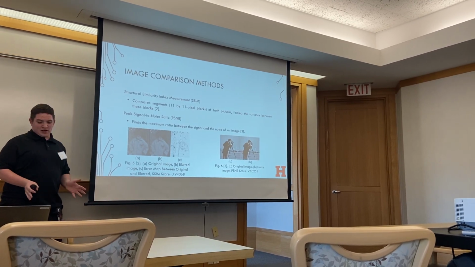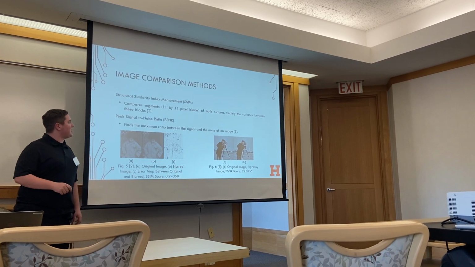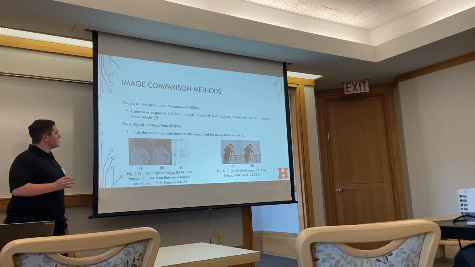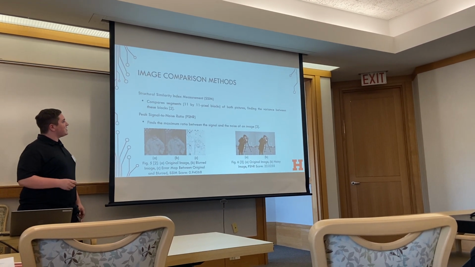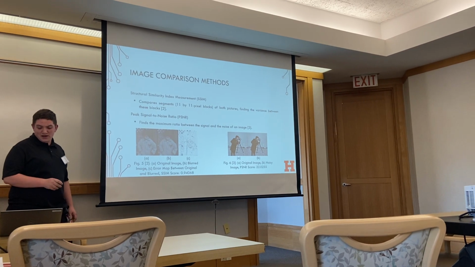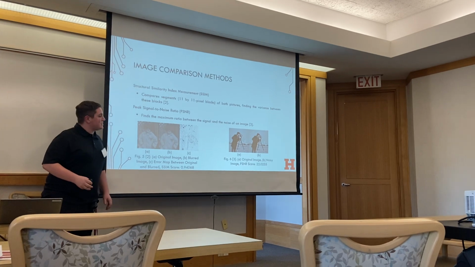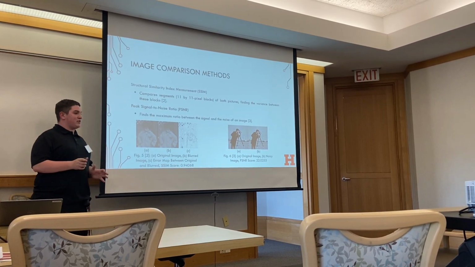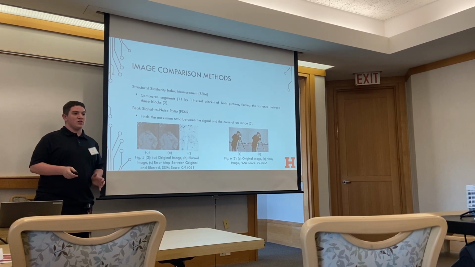So I used two different image comparison methods. One is the structural similarity index measurement, or SSIM, and also the peak signal to noise ratio method, or PSNR. The SSIM method takes 11 by 11 blocks of the original elemental images and 11 by 11 blocks of the reconstructed image, and finds the variance between these two images.